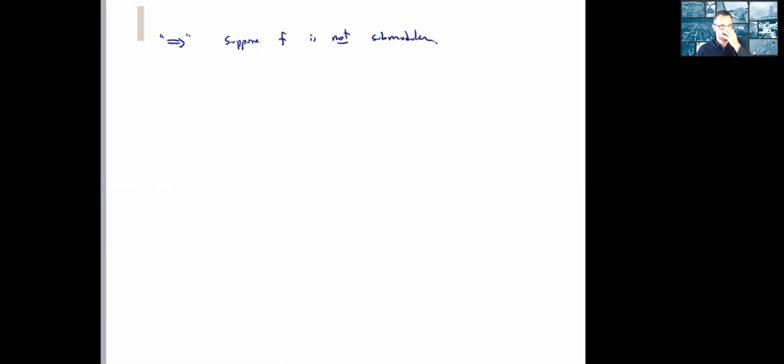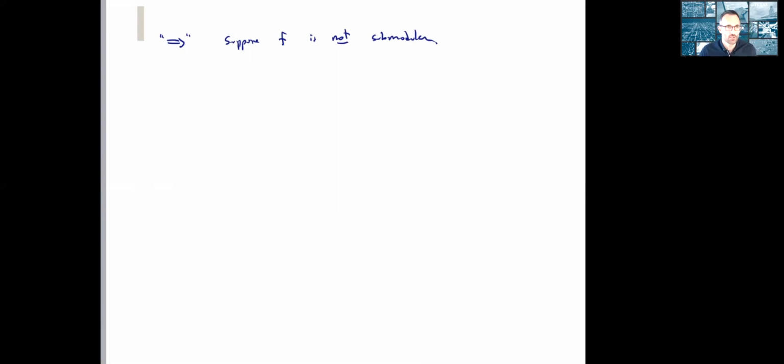So what does that mean? It means there have to be sets A and B which violate the submodular inequality. And if we think back to our equivalent definitions of submodularity, I'm going to use one of them.